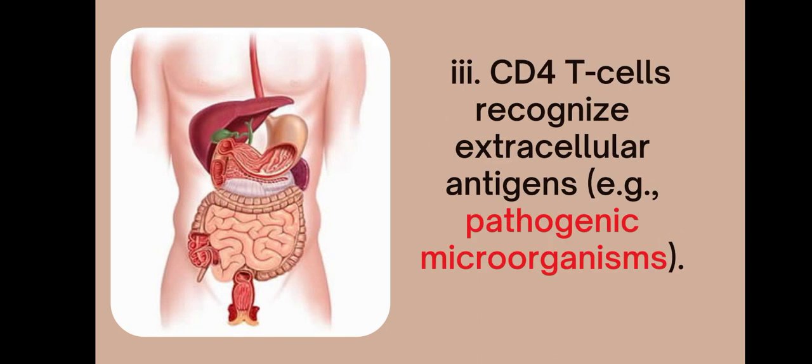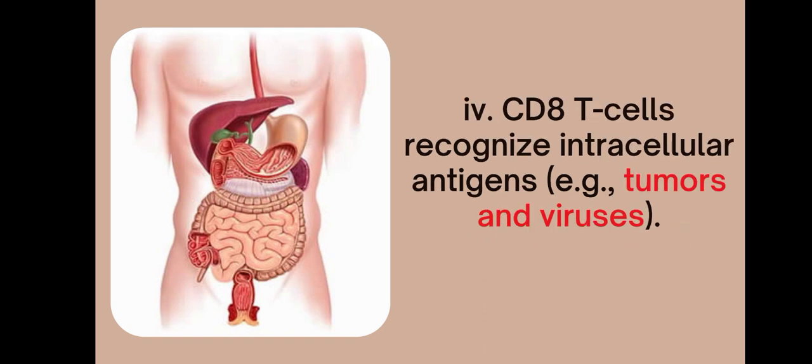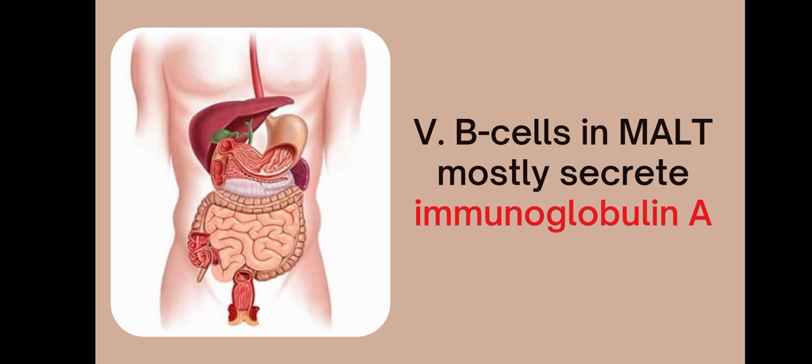Third, CD4 T cells recognize extracellular antigens, for example, pathogenic microorganisms. Fourth, CD8 T cells recognize intracellular antigens, for example, tumors and viruses. Fifth, B cells in MALT mostly secrete immunoglobulin A.